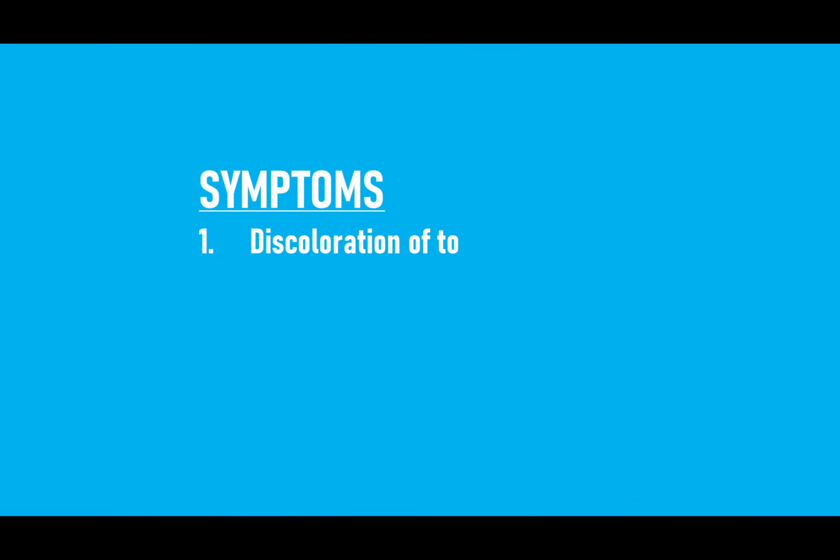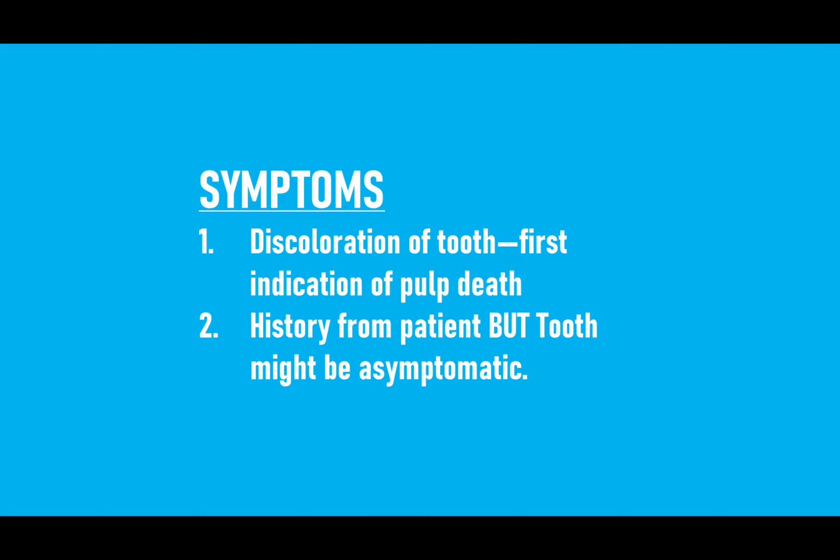Symptoms of necrosis of the pulp. First, it is discoloration of the tooth. That is the first indication of pulp death. There is discoloration of the tooth, meaning the color of the tooth is lost. Second symptom is history from the patient, but in some cases the tooth might be asymptomatic.